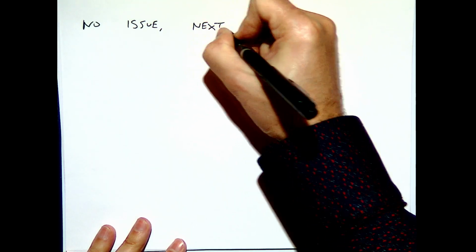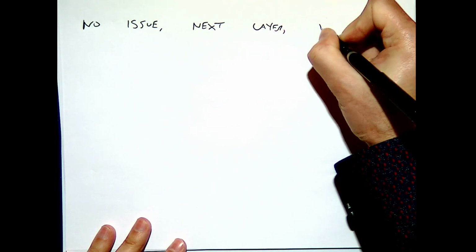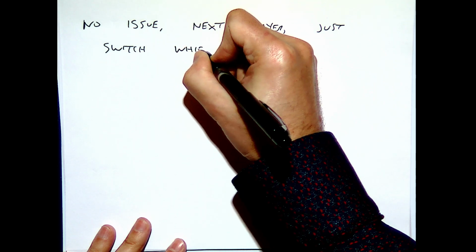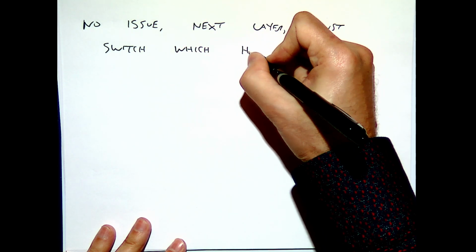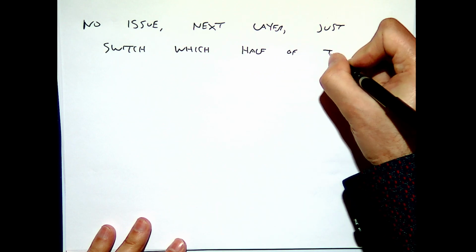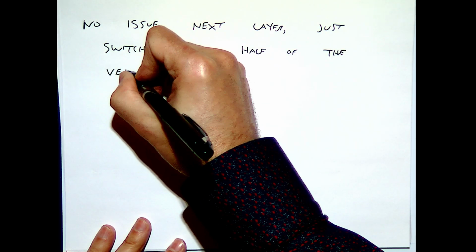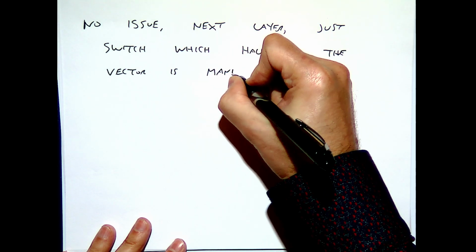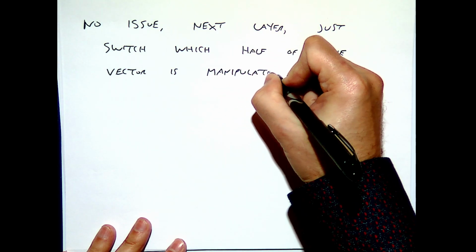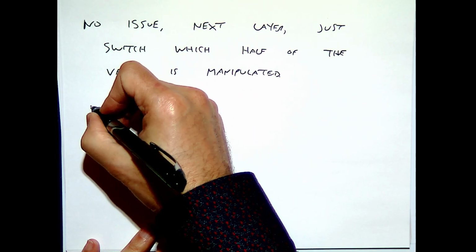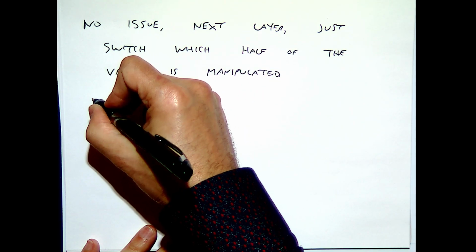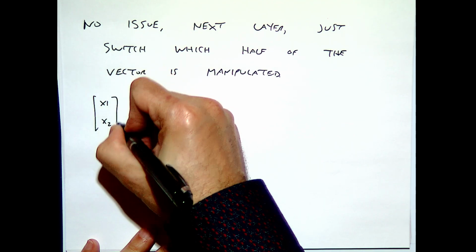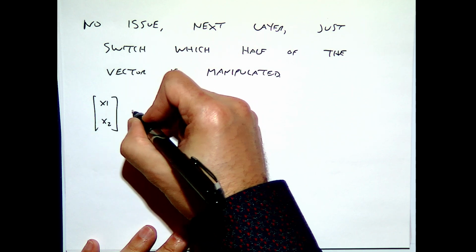On the next layer, I just switch which half of the vector is manipulated. Right? So it's like saying, first I take x1 and x2. I put it through this coupling layer.